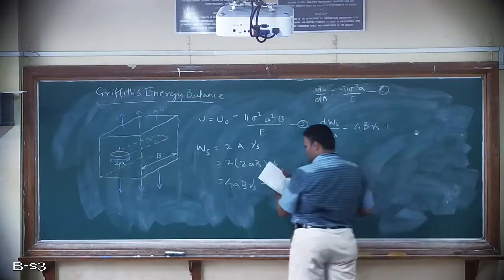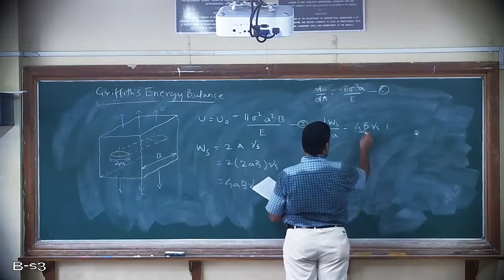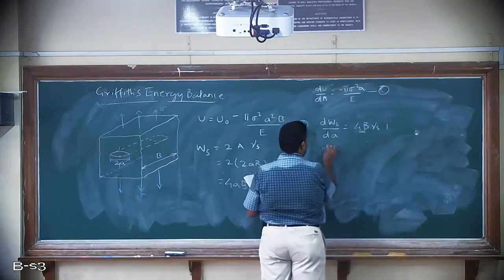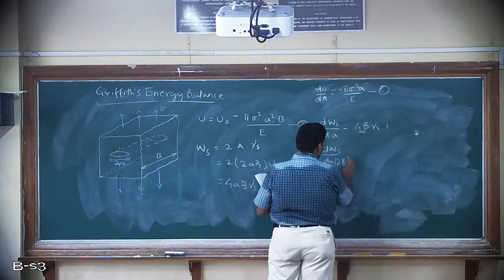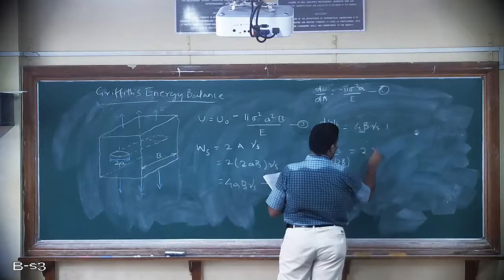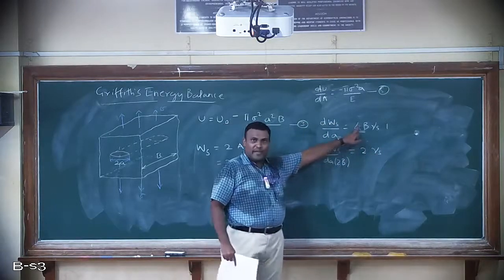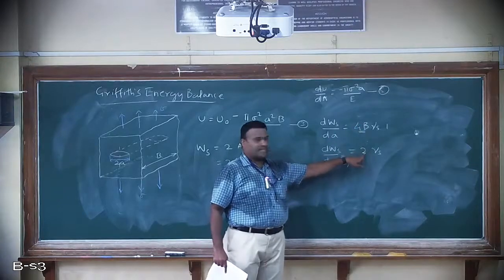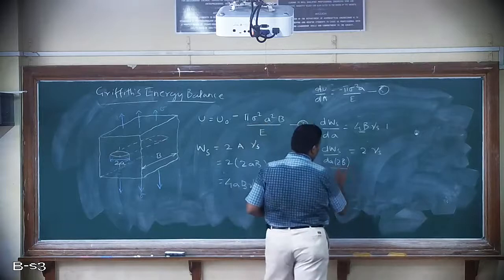So I can simplify this by taking this 2b from this equation over here. So dWs by dA into 2b will be equal to 2 into nu s. Do you agree with this? From 4b, 2b I have taken here, so what remains is 2 and this nu s remains as it is. Now what is this 2ab?